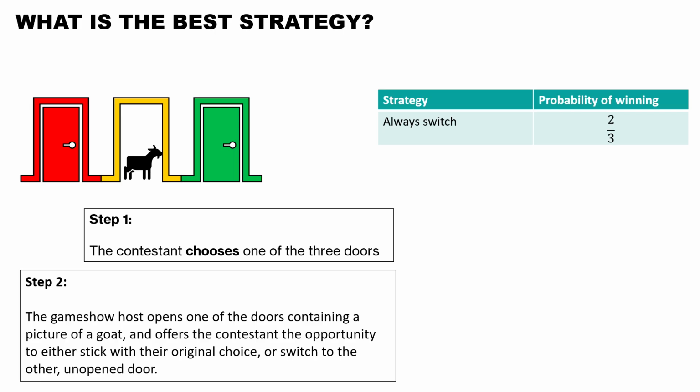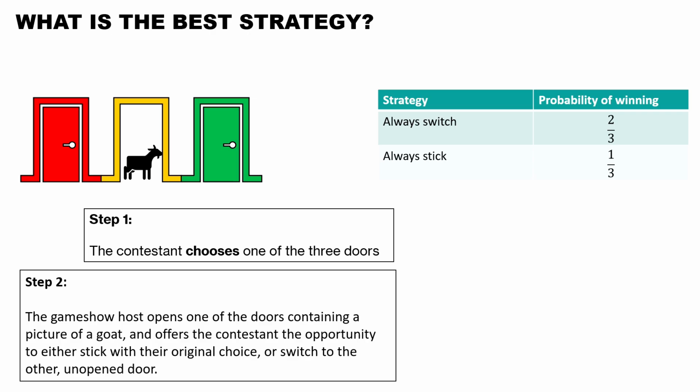I'm going to leave this as an exercise for you to do, but you can also show that if your strategy is always to stick with the original choice, the probability of winning is 1/3. Now there is a third strategy that we have not discussed, and that is to randomly choose between either your original door or the other door that has not been opened.